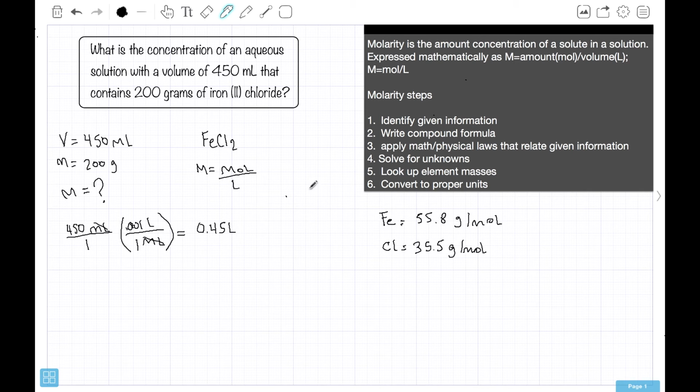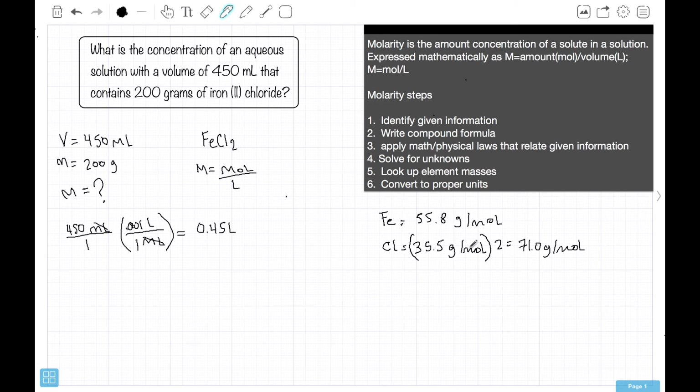But when you look at the compound formula, you see that you have 1 iron and 2 chloride. So we're going to have to multiply the mass by 2. That's going to give us 71.0 grams per mole. Okay.